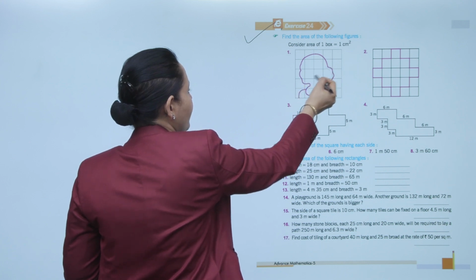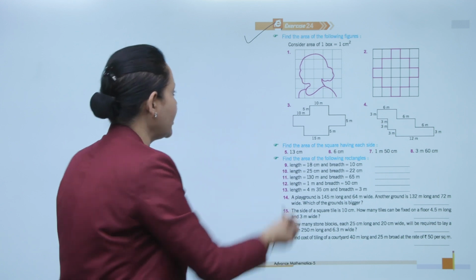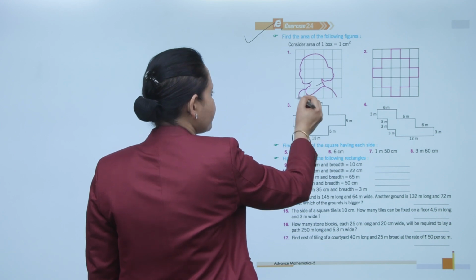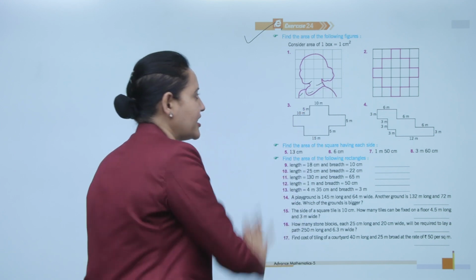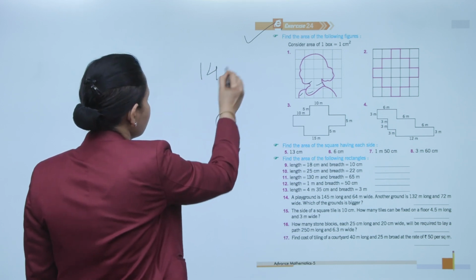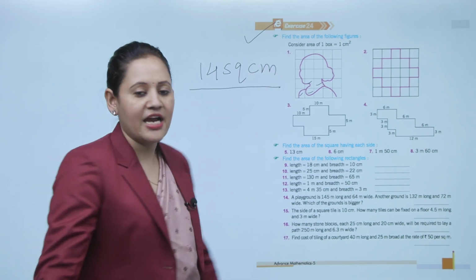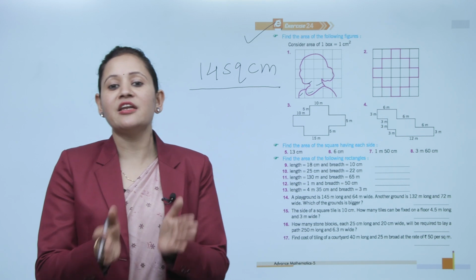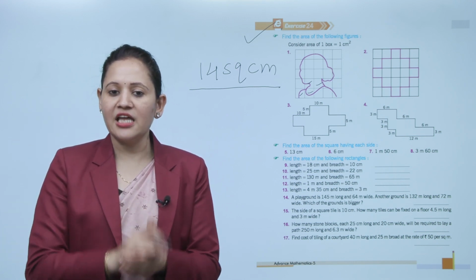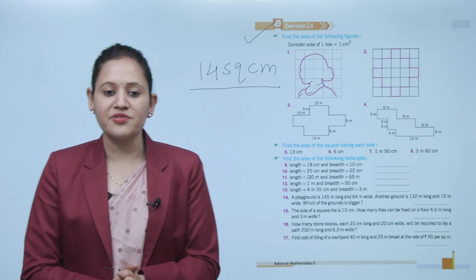These are the complete squares, and more than half you will count like here. This one is more than half, more than half. Like this you will count all the squares. So area will be 14 square centimeter. So you will add the number of complete squares and the number of squares which have occupied more than half area, and this is how you will find the area. Clear? So you have to practice all the questions of this exercise.